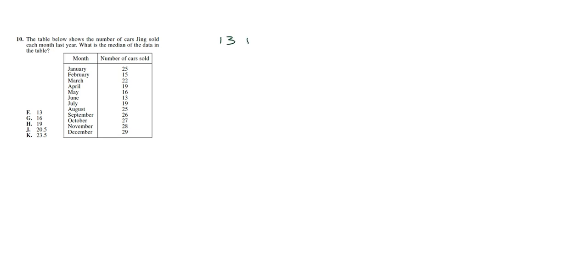Then we have 15, then we have 16, 19, 19, then we start with the 2s, we have 22, we have 25 twice, then we have 26, and then 27, 28, 29.